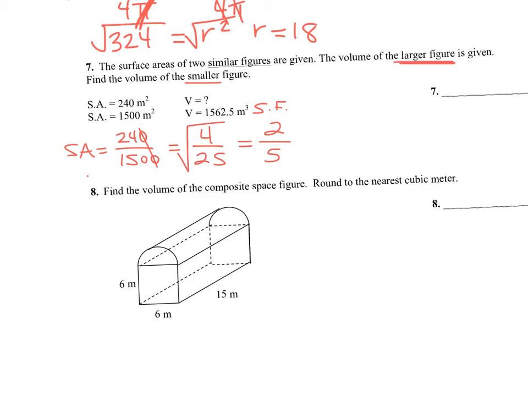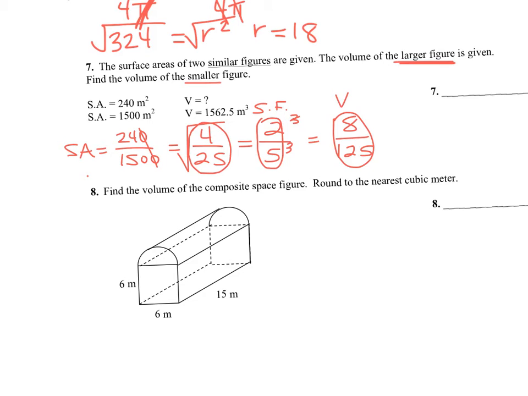But we don't want a scale factor. We want what? We want volume. So we're going to take that number and we're going to cube it. So 2 cubed is 8. 5 cubed is 125. Okay, so this is scale factor, surface area, scale factor, volume.